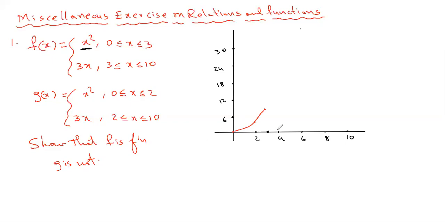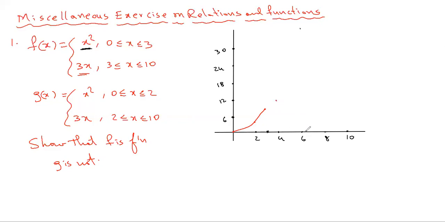Next, at x is equal to 3, you can use the second definition also. 3 times 3 is 9. Both give the same value. And then from there onwards, it is a line. y is equal to 3x is a line. But that line you should take only from 3 onwards, not from the beginning. When you substitute x is equal to 4 in this second line, 3 times 4 is 12. So at 4 it is 12.